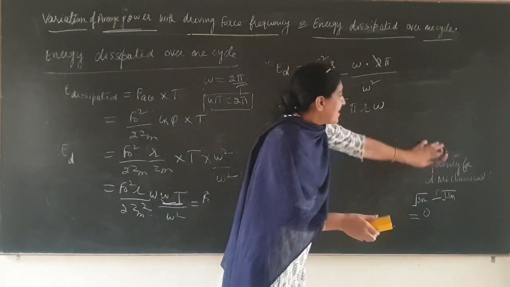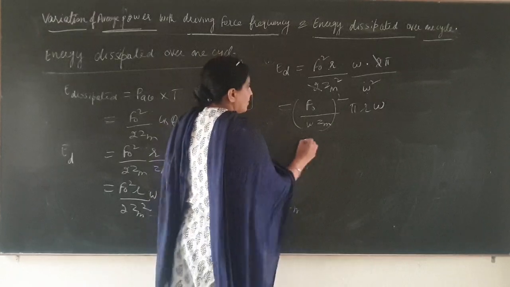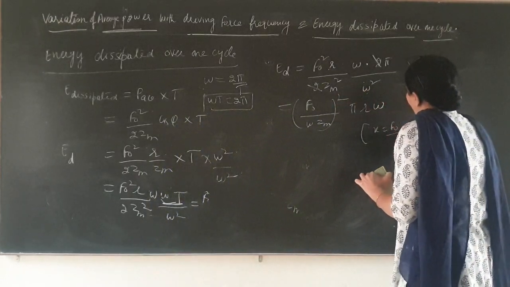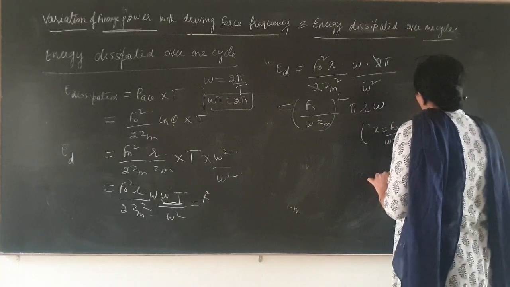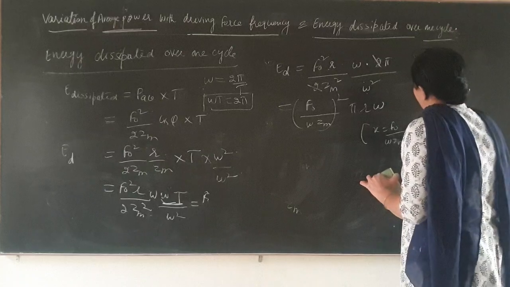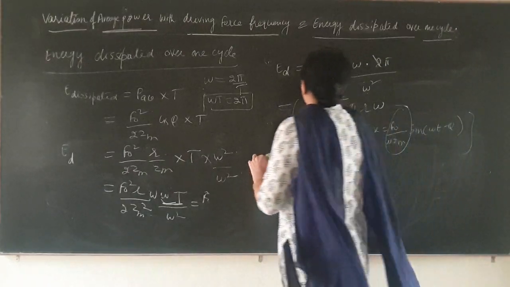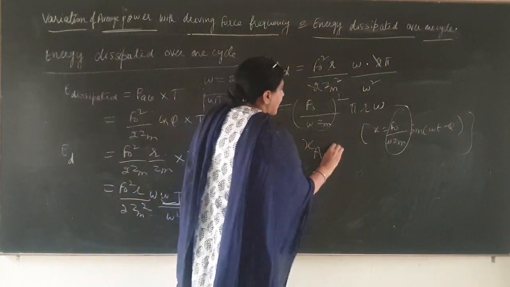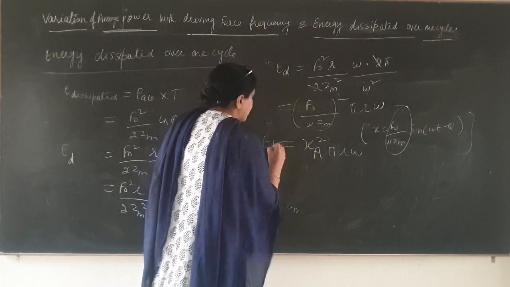This is the displacement amplitude, because we know that x is equal to F0 over omega Zm sine of omega t minus phi. So this is the displacement amplitude. We write it as xa, so the energy dissipated is pi R omega times xa square.